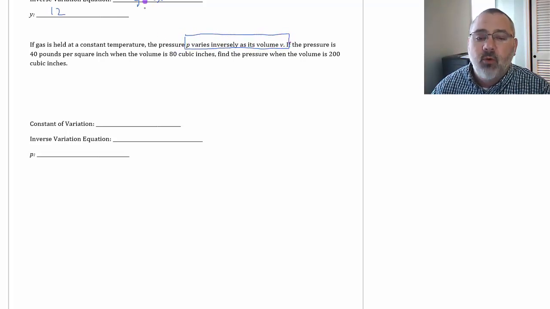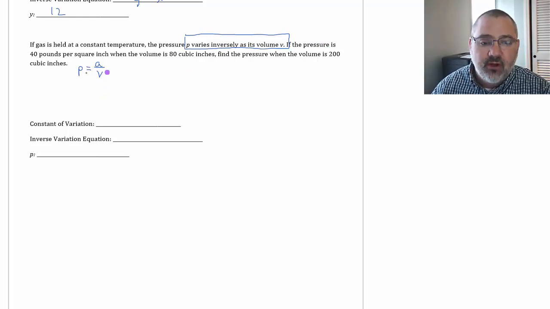So similar to when we had y and x, we start with P varies inversely, is equals, and inversely means we have A divided by our other variable, which is not x in this case, it's V. So P varies inversely as the volume. And that's what we're going to start with.